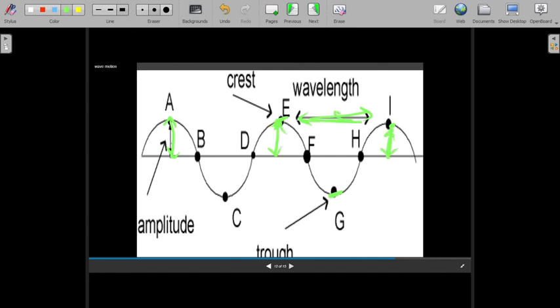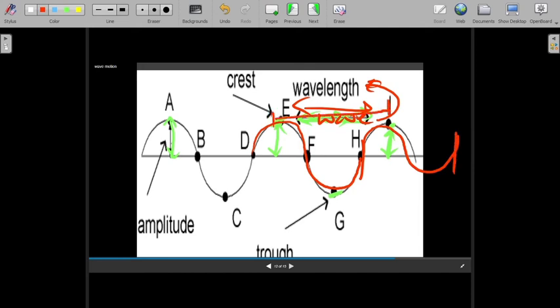This complete distance between them is the wavelength. This is a complete wave, and from here the next complete wave starts. The distance between them is called the wavelength.